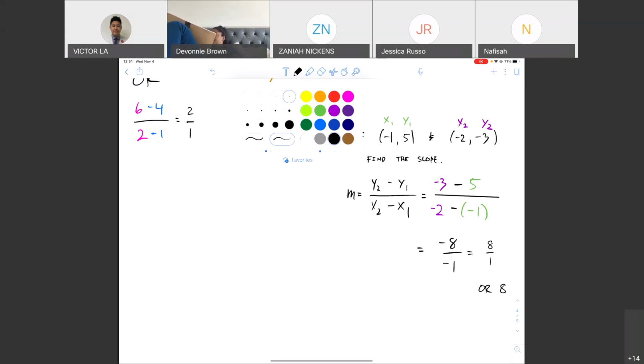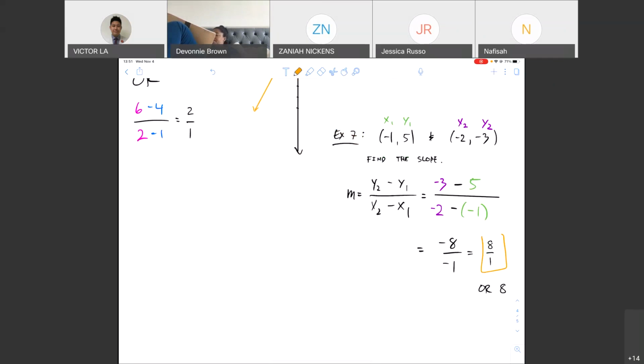But it's helpful to keep it in fraction form so that you realize you're talking about the rise over 1. If you see just 8, yes, that is the correct answer. However, you may forget about the rise over run, that slope is in terms of fractions. That's why fractions are extremely helpful instead of decimals when you're graphing.